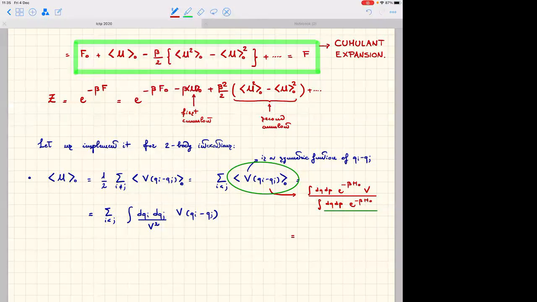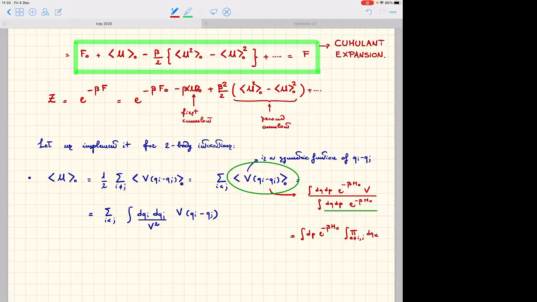This is equal to the integral dp e to the minus beta h naught, and then the integral over dq, product over k different from i and j of dqk.